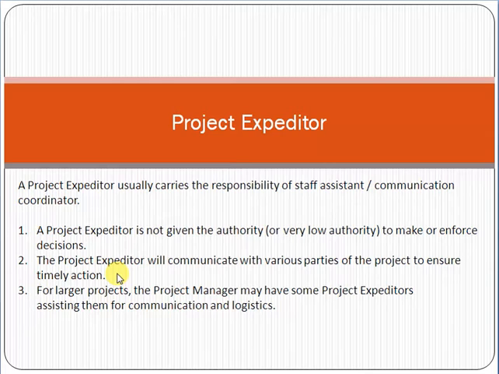He will make sure that resources come on time, that conveyance is available for the resources, and that the next dates of the project are communicated properly to the resources. So think of a project expediter as an assistant of a project manager, assisting him in the execution of the project.